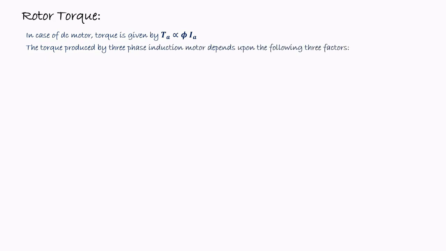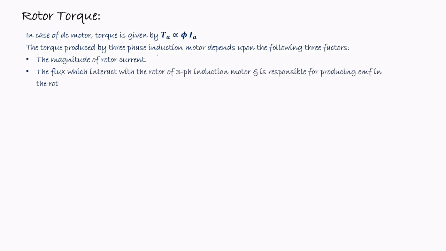Similarly, the torque produced by a three-phase induction motor will also depend upon the following factors. First is the magnitude of the rotor current, that is, we can say, the armature current. Second, the flux which interacts with the rotor of the three-phase induction motor and is responsible for producing EMF in the rotor part. That means the rotating magnetic field which is produced in the stator.